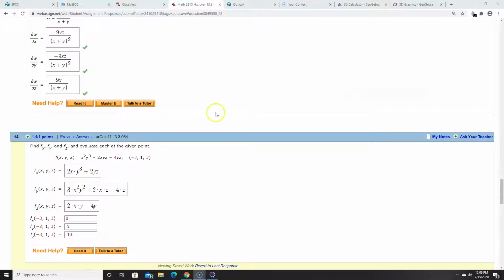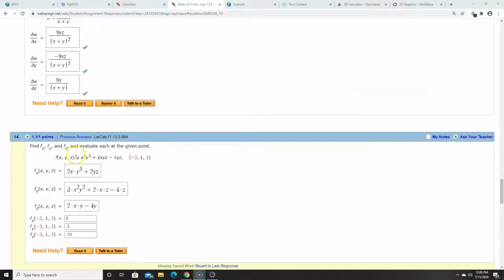But we just go through the mechanics of it and take the derivative of these 3 terms with respect to x, y, z, and whatever we get, you plug in negative 3 for x, 1 for y, and 3 for z, to get the slope value.